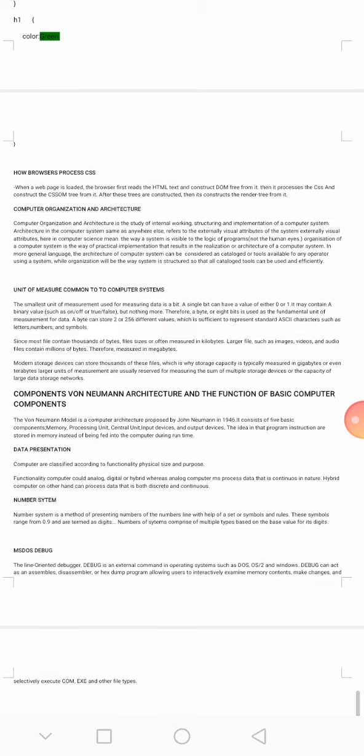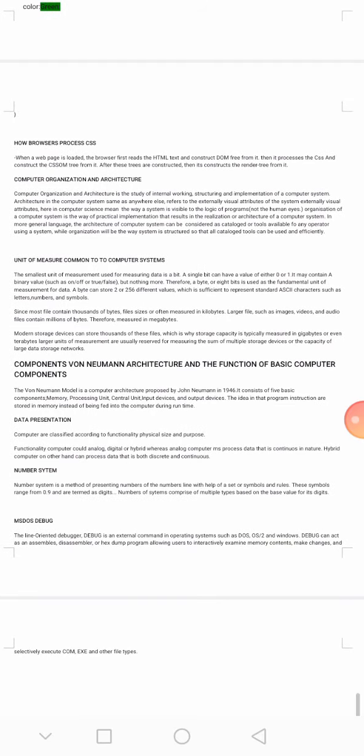Modern storage devices can store thousands of these files, which is why storage capacity is typically measured in gigabytes or even terabytes. Larger units of measurement are usually reserved for measuring the sum of multiple storage devices or the capacity of large data storage networks.